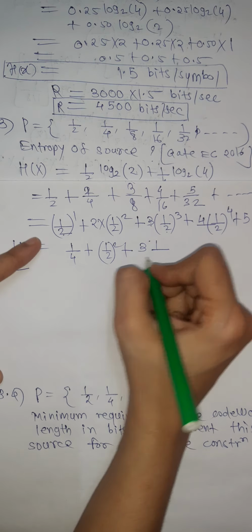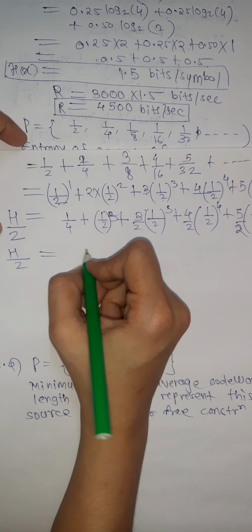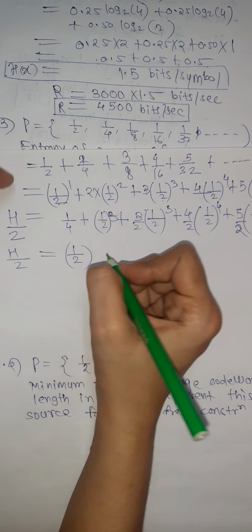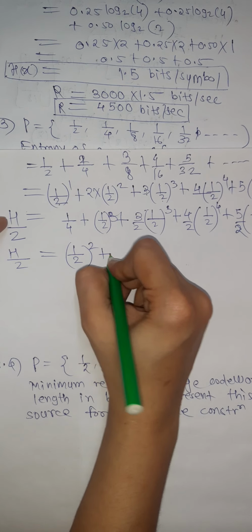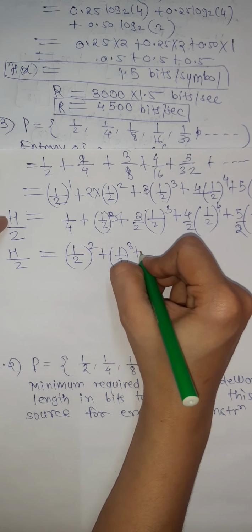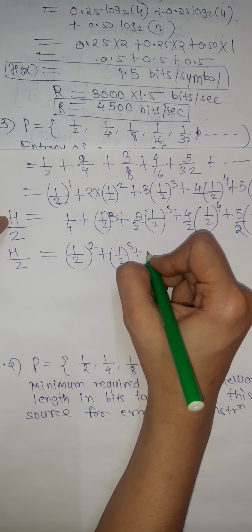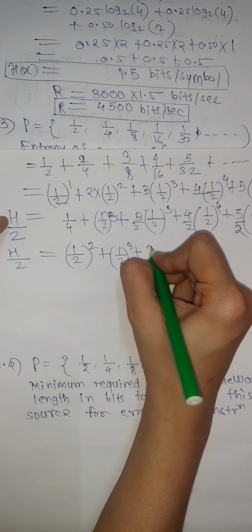So now h by 2 is equal to (1 by 2) squared plus (1 by 2) cubed plus 3 into (1 by 4) raised to 3 plus so on.